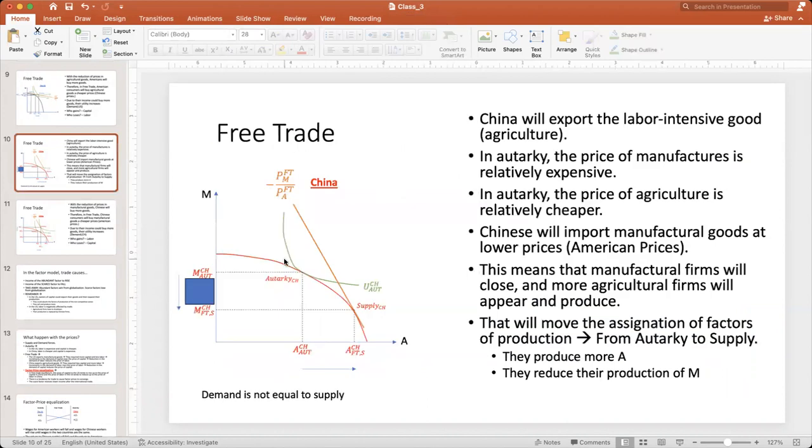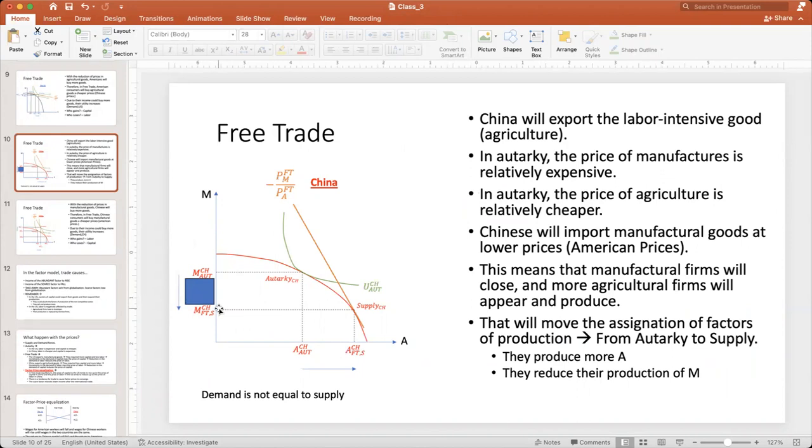We're expecting that, for instance, firms that are shutting down their production because they are not competitive are releasing their production factors, such as labor and capital.